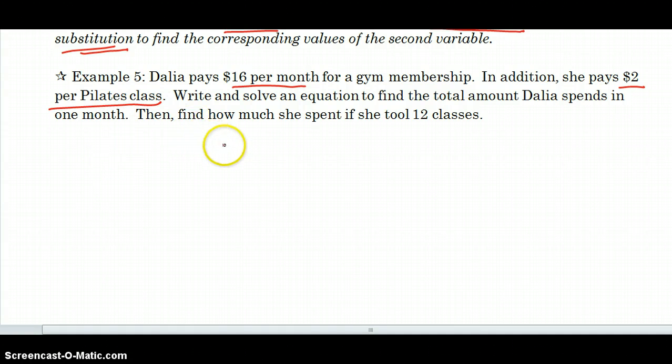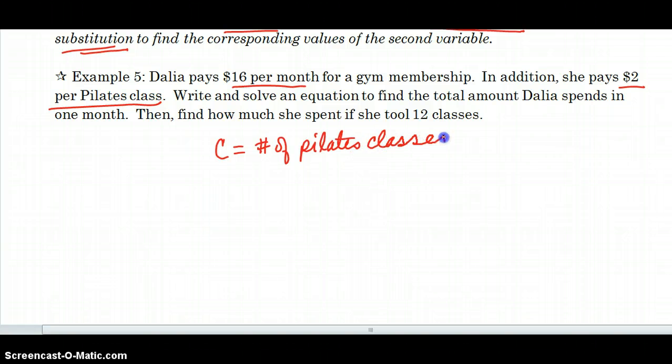So in 1 month, I know she's going to be spending $16. And the only way that that amount is going to increase is if she takes Pilates classes. So I'm going to let C stand for number of Pilates classes, or you could have just said number of classes.